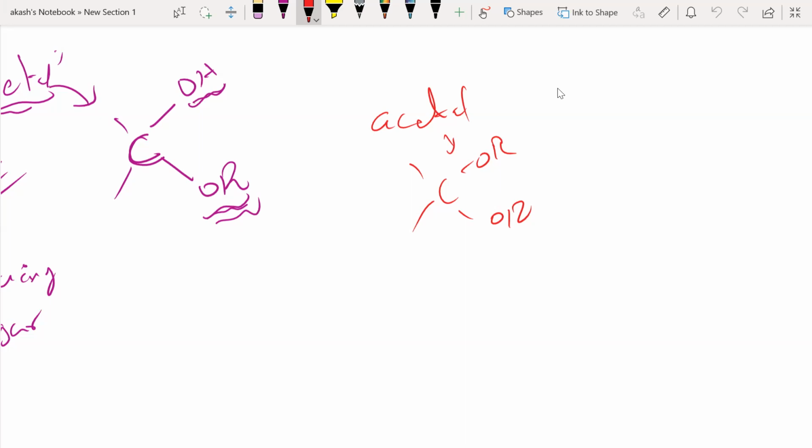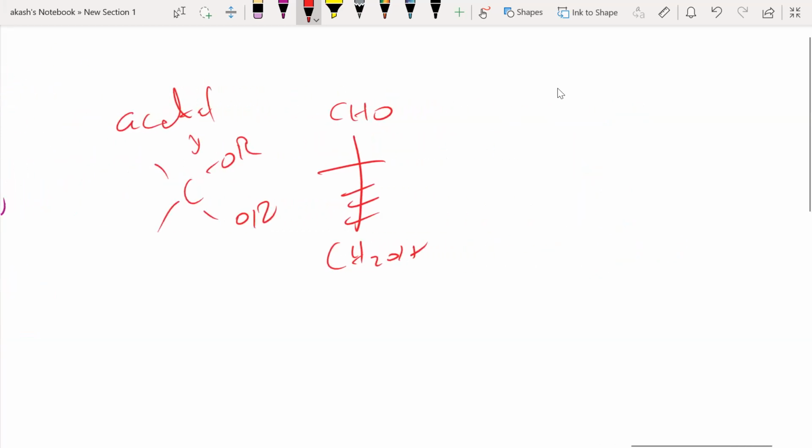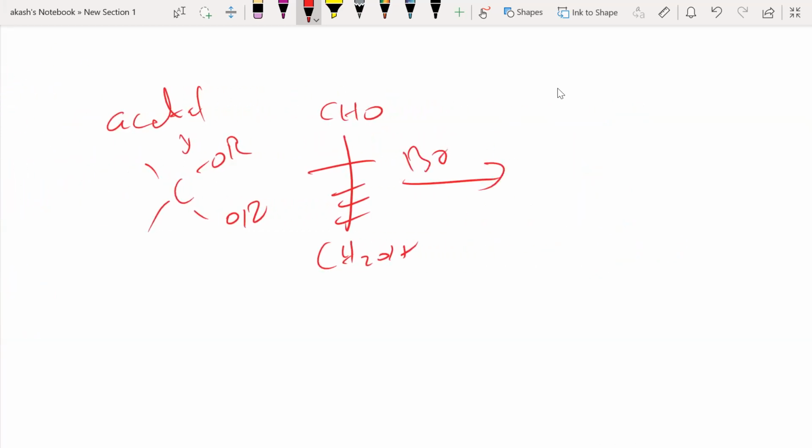And then, how do you determine whether the sugar is going to be a reducing or non-reducing sugar? It depends on the hemiacetal. Looking at the cyclic structure, you will be able to decide. Other than that, you might have seen oxidation reactions with a mild oxidizing agent like bromine water. Say for glucose, with CH2OH, if I put bromine water, Br2 in the presence of H2O, what happens?